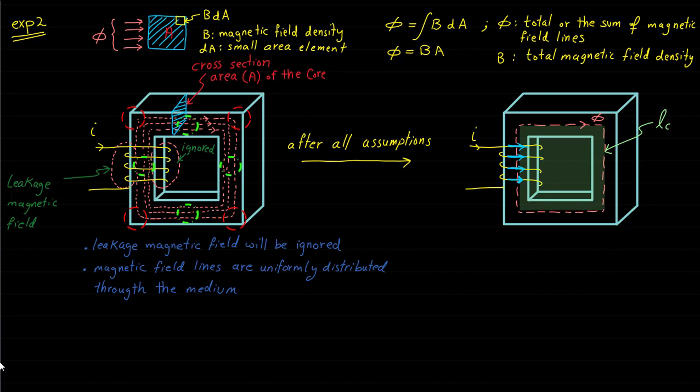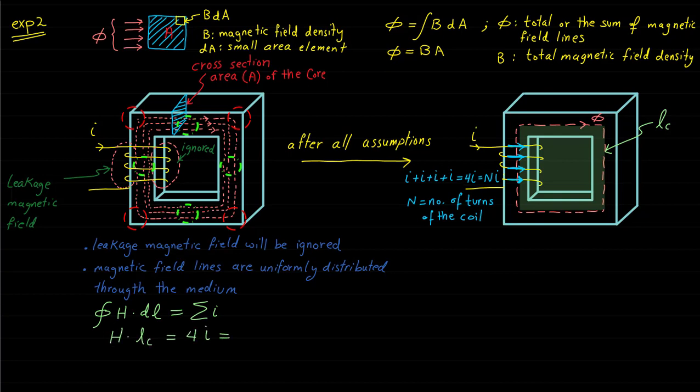In this case, each turn of the coil carries a current and enters the shaded area. In this example, we have 4 conductors carrying current, which equals the number of turns of the coil. Therefore, Ampere's law can be applied to this magnetic circuit to determine the magnetic field intensity as follows.